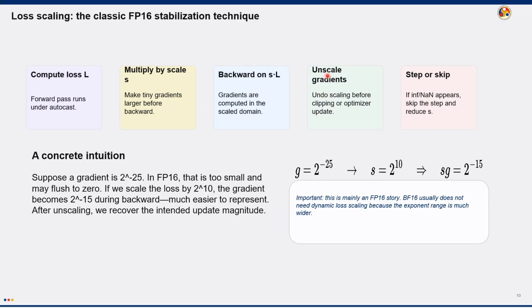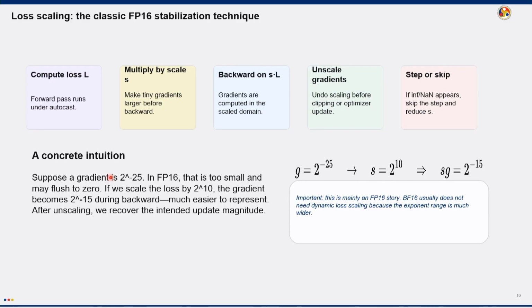So, we do the gradient unscaling, thus the undo of scaling before the clipping or optimizer update, which is the step function, or let us say skip. If there is the overflow appearing, then we skip the step and we reduce the S, which is the scaling factor, which will not blow up the gradient beyond the range it can tolerate.